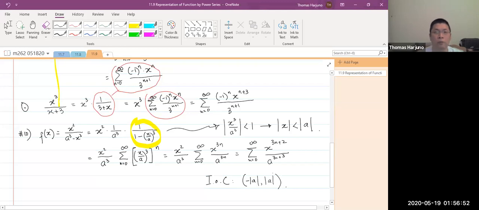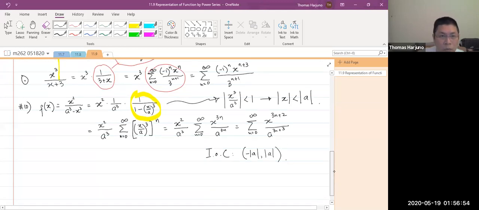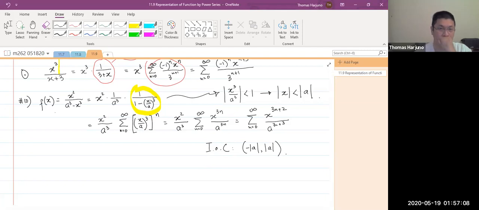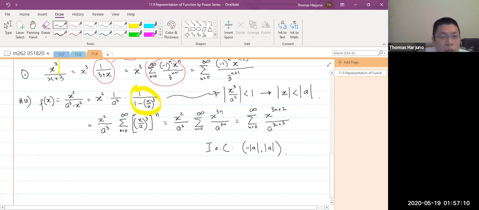Then you can observe what happened when it is equal to absolute value of a. When x equals absolute value of a, then we will get, let me continue from here.